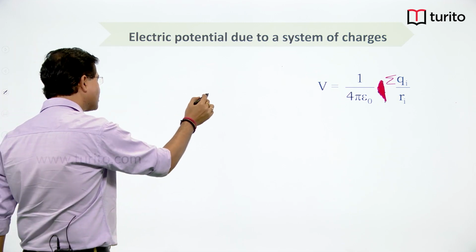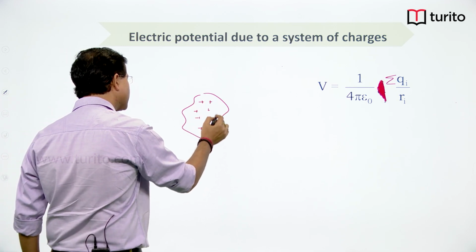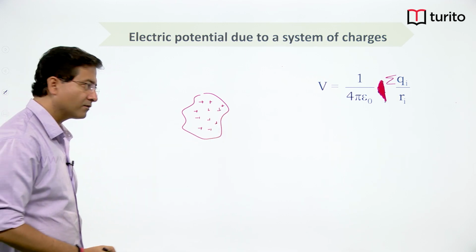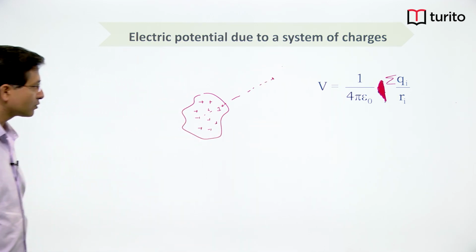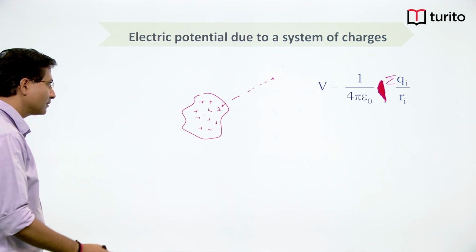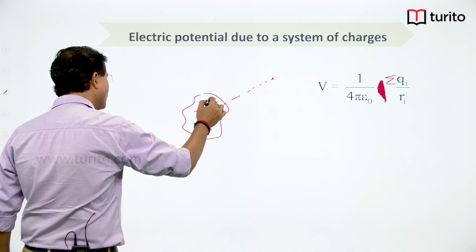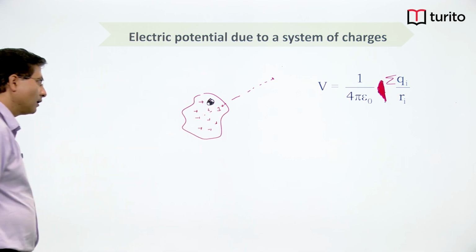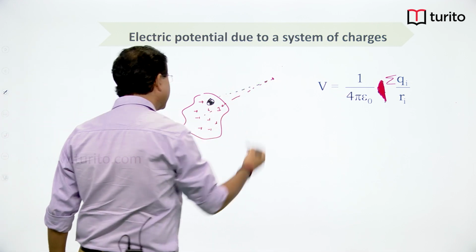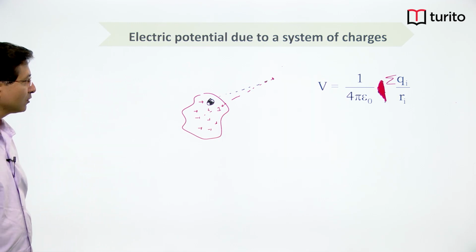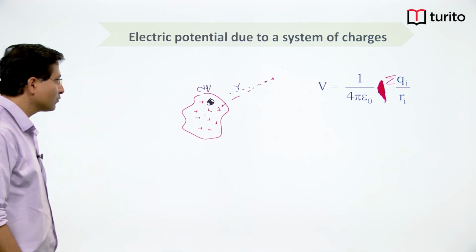if I say charge is distributed on the surface like this, and I am interested in finding potential at this particular point. So what I can do, I can take a small element, first I will get the potential produced by this small element at this particular point and integrate. Directly we can integrate. So because of this dq charge at this distance, what would be the potential?